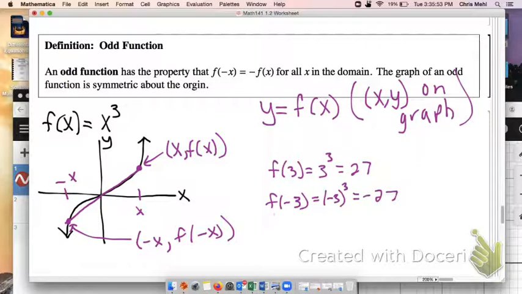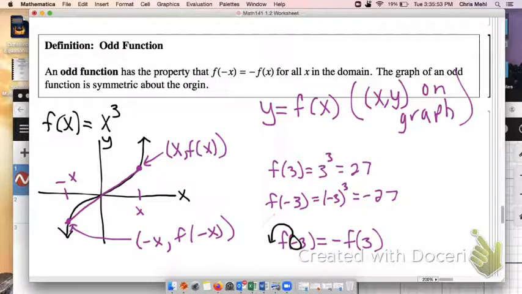And you'll notice that f of negative 3 is minus f of 3. So basically, one way to think about this is for odd functions, the negative sign can be brought out front, and for even functions, the negative sign can be thrown away and you still get the same output.